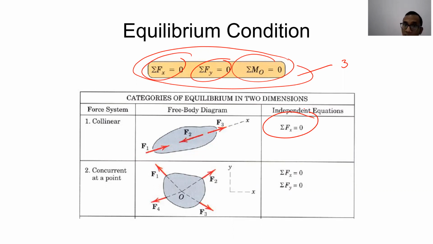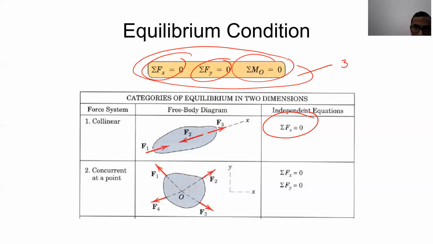The summation is easy because all the forces are on the same line of action, so you can just sum it using a scalar summation.